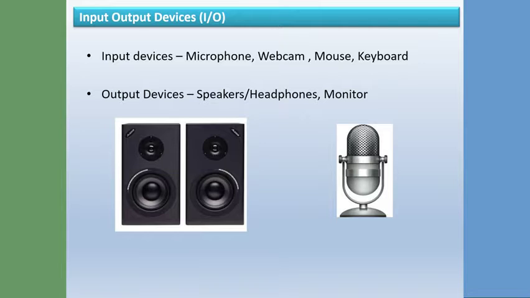And then the reverse of that clearly is an output device. We want to get some information out of our computer. That could be in printed form via a printer. It could be in audio form via speakers and headphones if you want to listen to some music. Anything that you want to see on the screen, the display, clearly has to be outputted via a monitor.